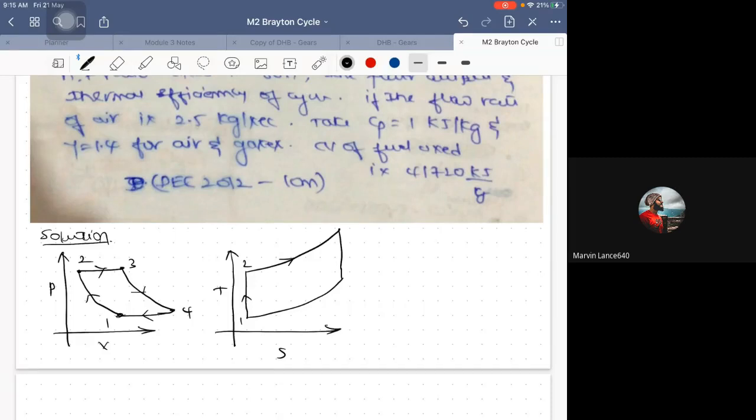So 2 to 3 is a straight line in the PV diagram, and here it is a curve in the TS diagram. 3 to 4 is a curve in PV, and here it is a straight line again. So that is how you can match it.